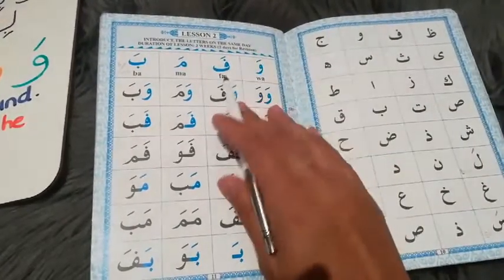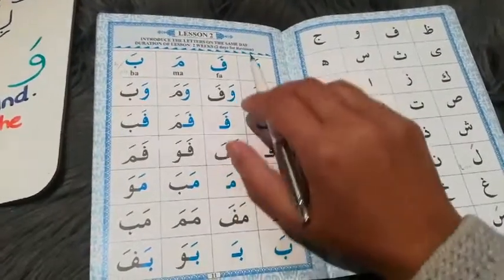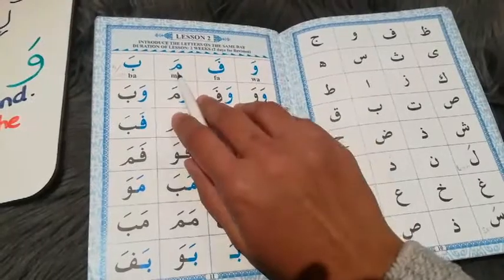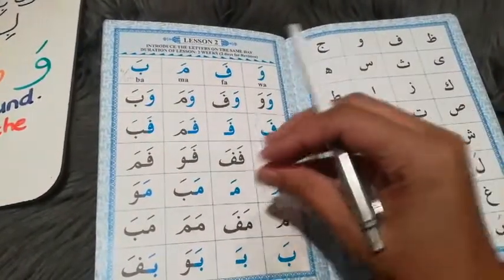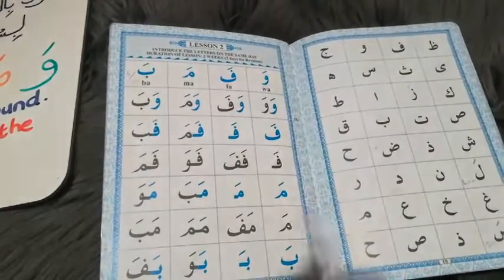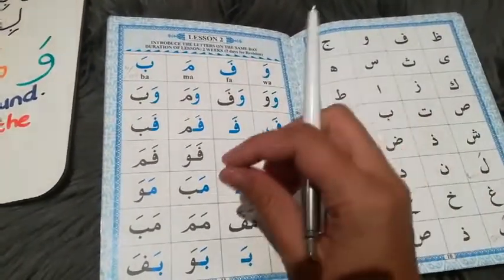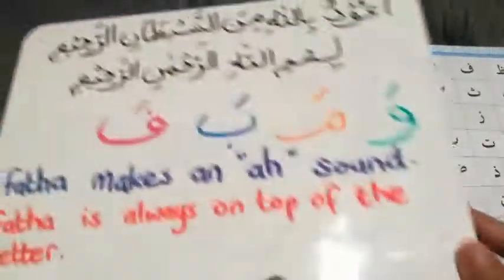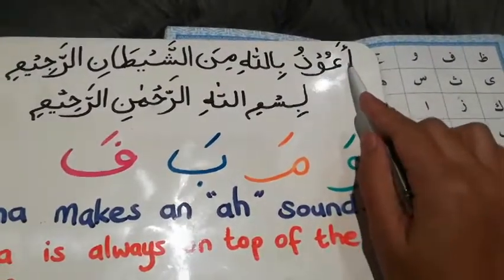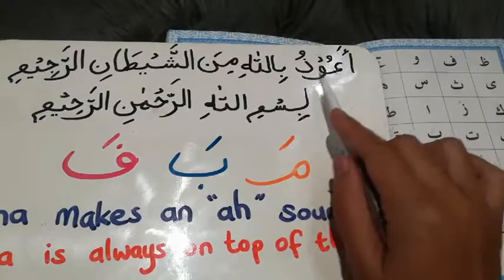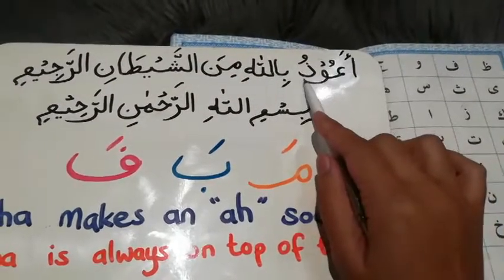Okay, now in Arabic, we have a single letter. And when we start joining them into words, we create a sentence. And if I look at this here, this is a sentence. For example, the alif, the ain, the waw, the dal.